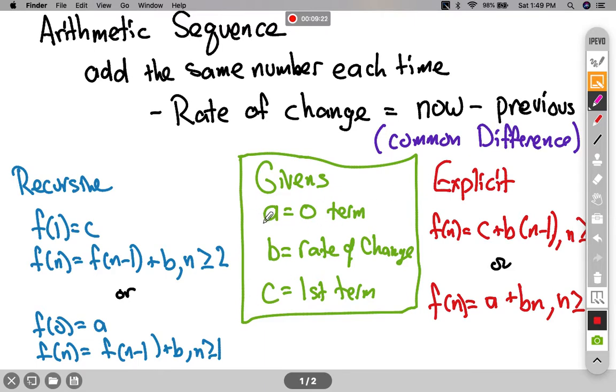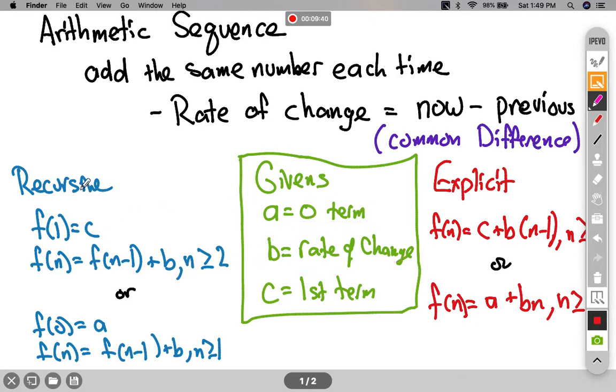So on all of these examples, I'm using A to represent the 0 term, C to represent the first term, because sometimes we start with term 0, sometimes we start with term 1, but B is always that rate of change.